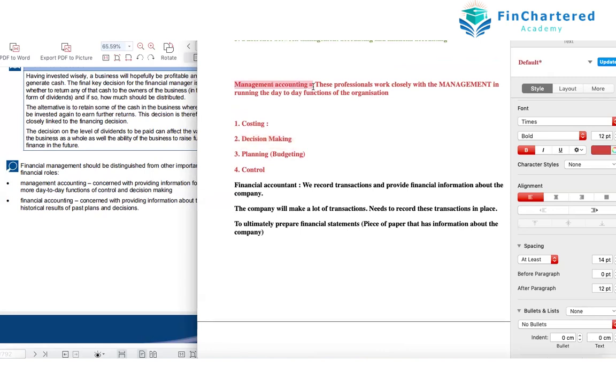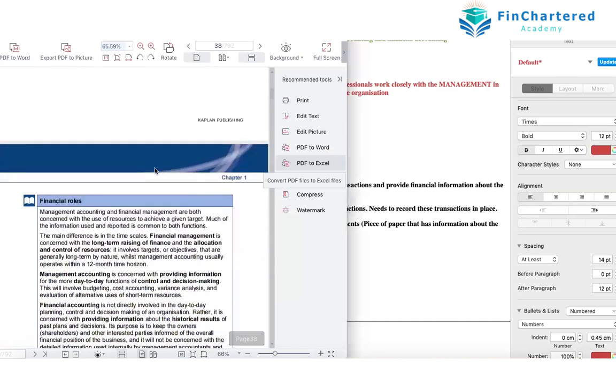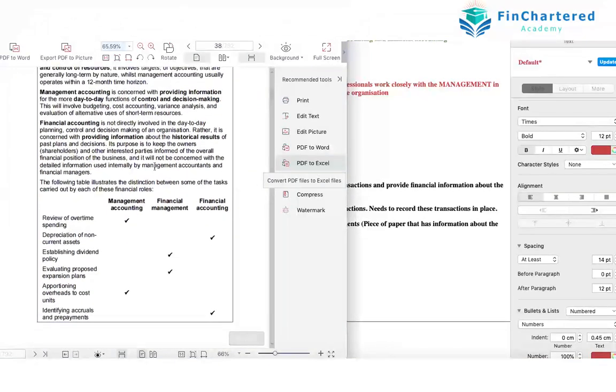Under management accountant, I put decision making. I'm going to make a decision that in 1996, I will buy a car. Is that possible? No. So management accounting, the nature of the work is such that you look more at the future. Are you understanding? So you are more future oriented.